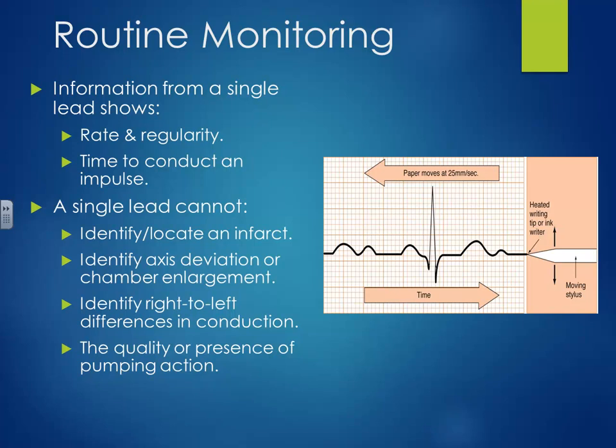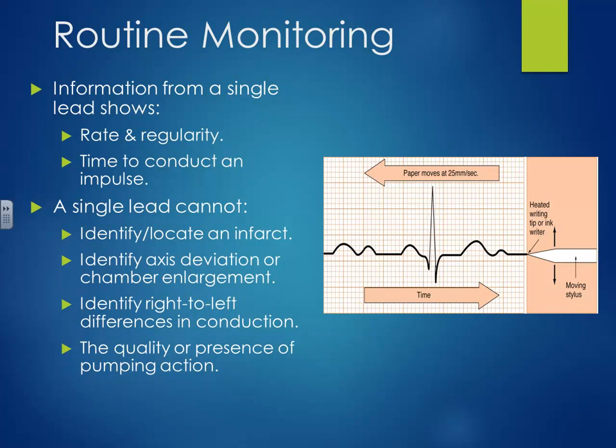What can an ECG printout tell you about the heart? Electrical activity. It does not tell you how well the heart's pumping. It does not tell you if cardiac output is good or bad, i.e. PEA, right? We can have a sinus rhythm in PEA, but if the muscular function of the heart's not working, it doesn't tell me a whole lot, right?